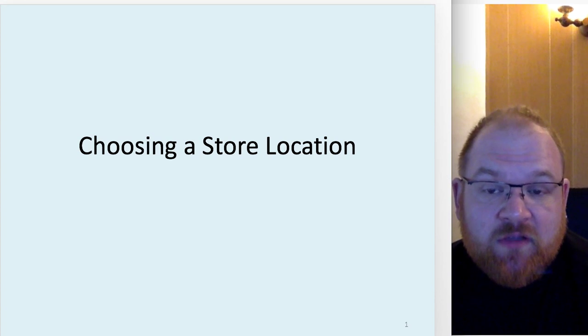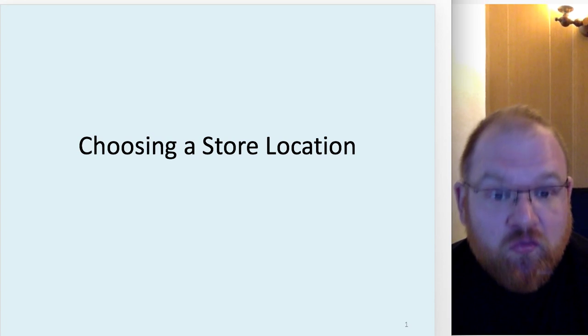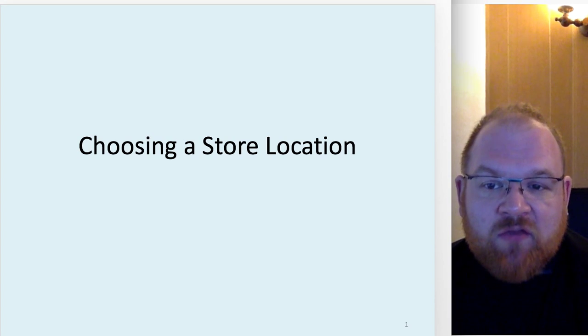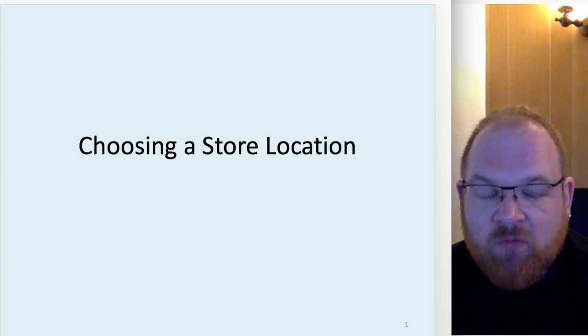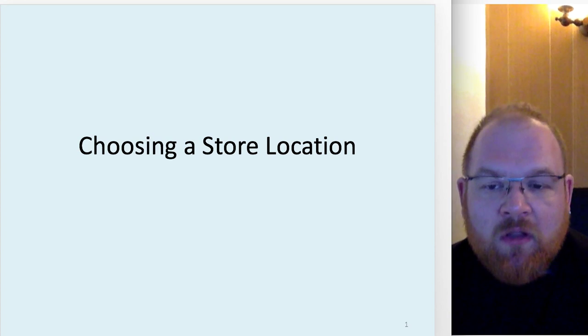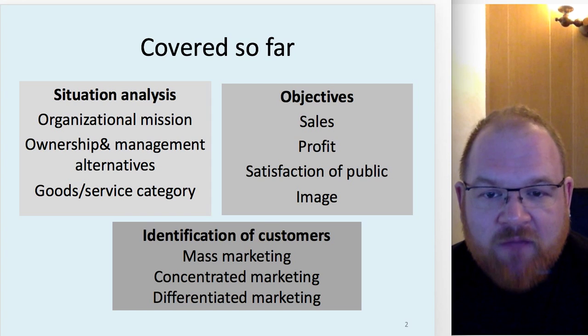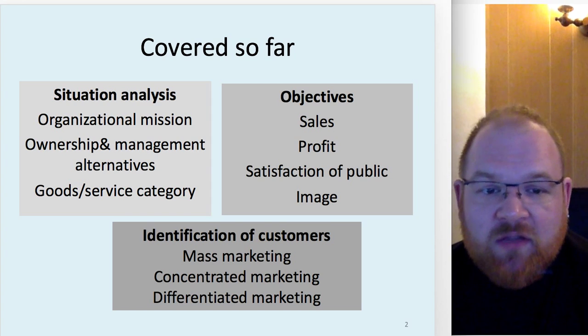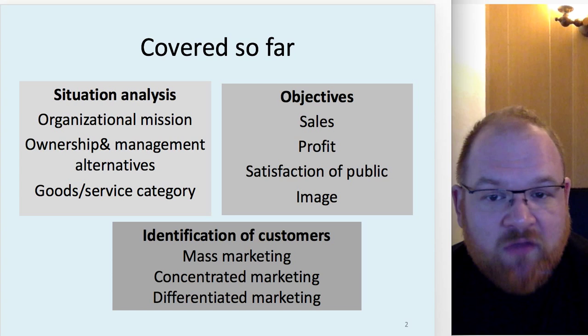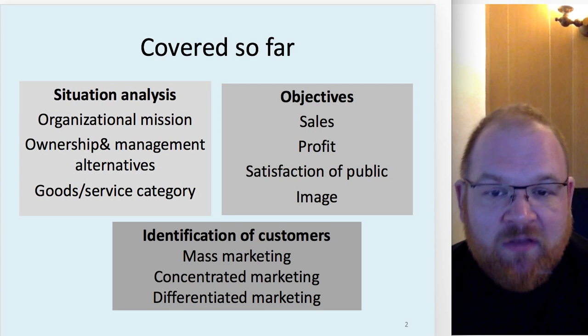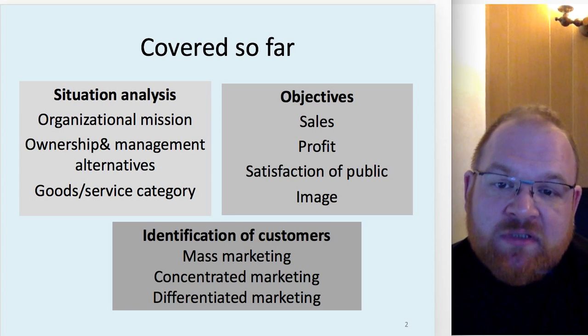One of the things I hope that you did during reading week was have a good time, but also manage to have a look back at the sessions that we've already done. What we have covered so far within this module is looking at organisations, retail organisations, and where they fit within a general retail environment.